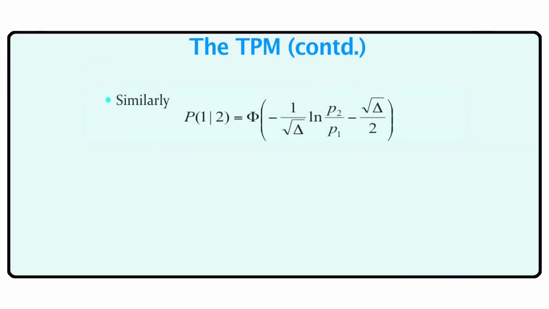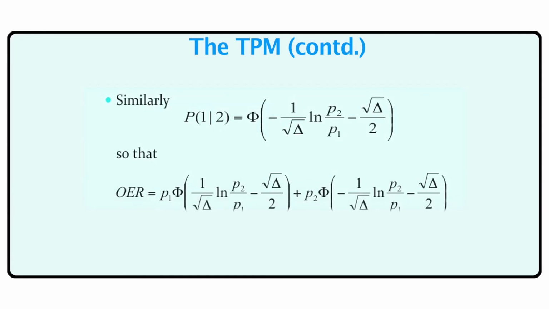Now similarly, the other probability, of misclassifying an individual from the second group into the first group, is given by Φ of (−1/√Δ) log(P2/P1) minus √Δ/2.